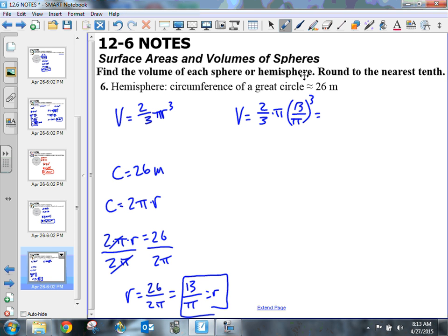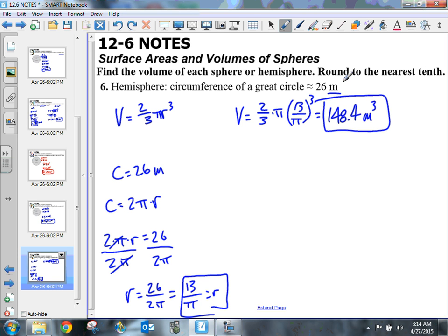Okay, if I do 2/3 times pi times 13 over pi, that quantity cubed, I'm going to end up getting the volume as 148.4, and that's meters cubed, the volume of that hemisphere.